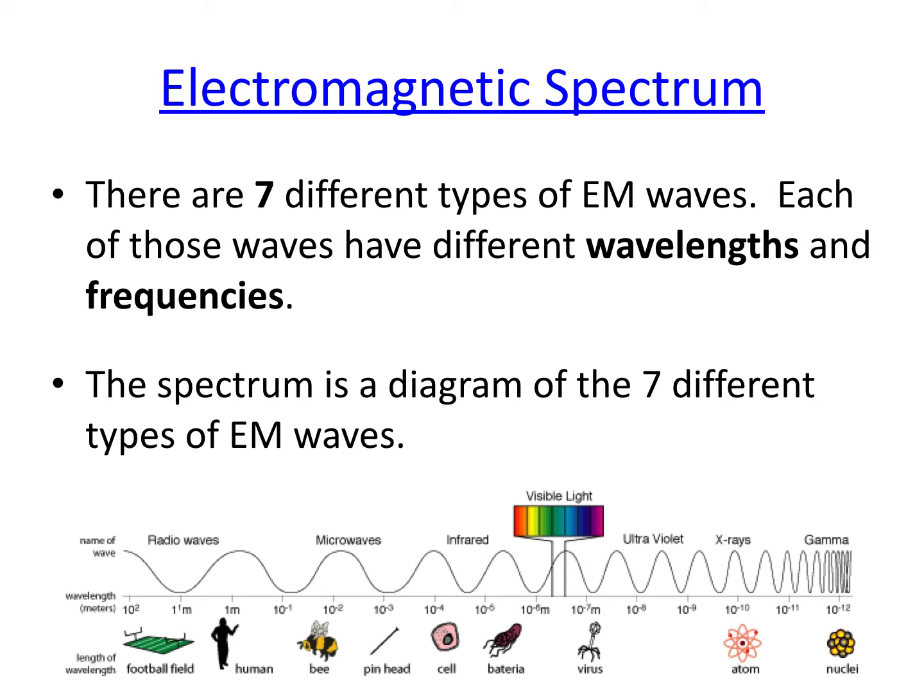So radio waves' wavelength is as big as about a football field from crest to crest. And then you get down to a nucleus for a gamma. So you can tell how small an atom is. That's only an X-ray. And then gamma is the size of a nucleus, which is the center of an atom. So their wavelengths and frequencies drastically change as you move down the spectrum. But we will move on after that. We'll talk more about that in class.